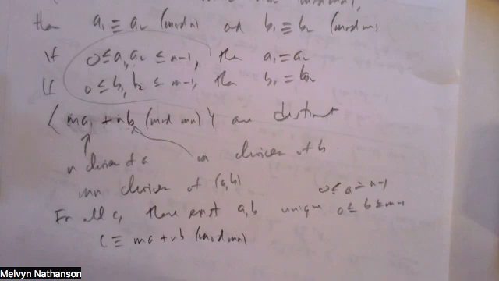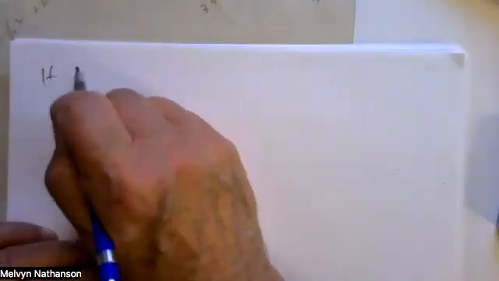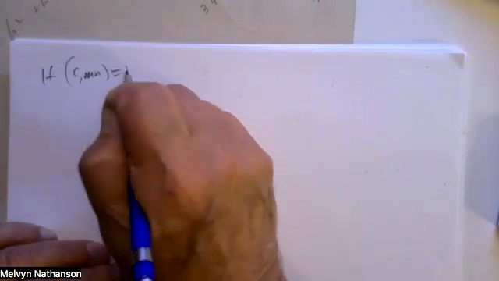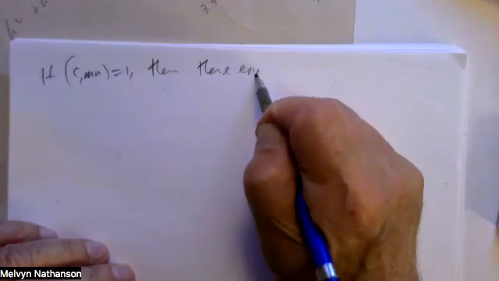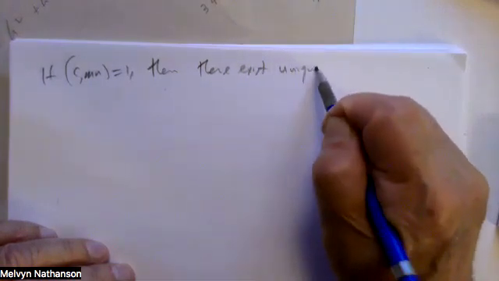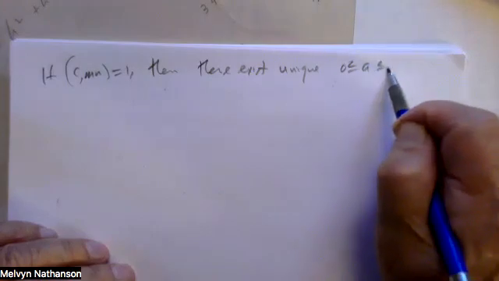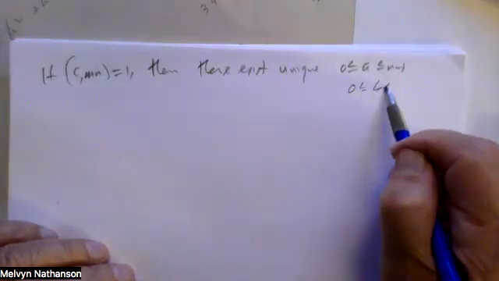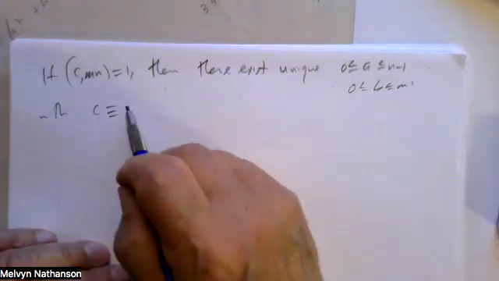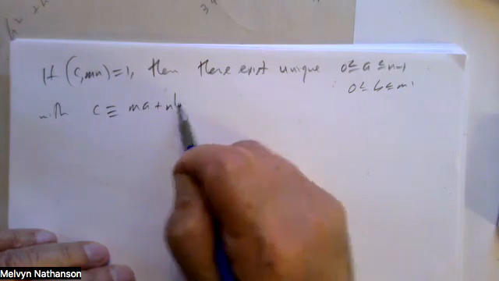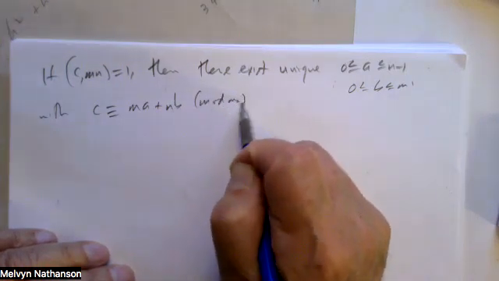And how do we prove the statement about relatively prime integers? So the second part of the proof says the following: if C is relatively prime to MN, then we know that there exist unique A and B in this range with C congruent to MA plus NB mod MN.